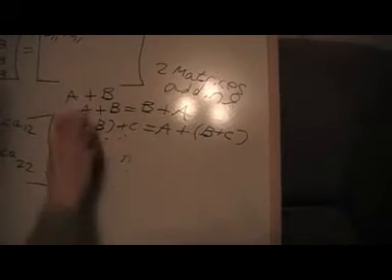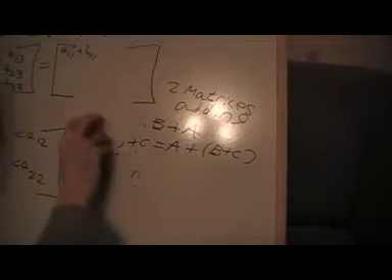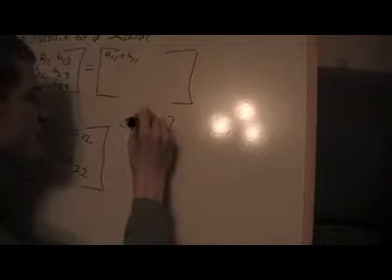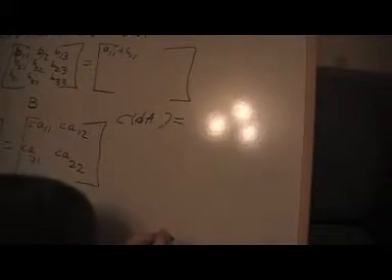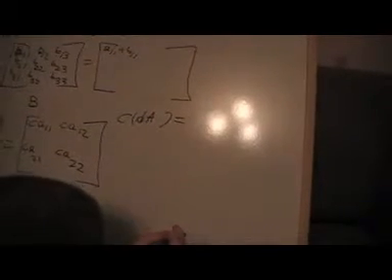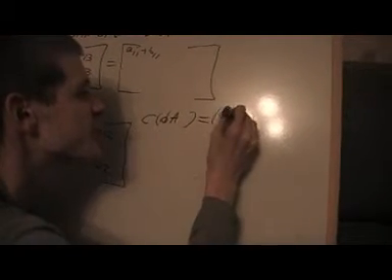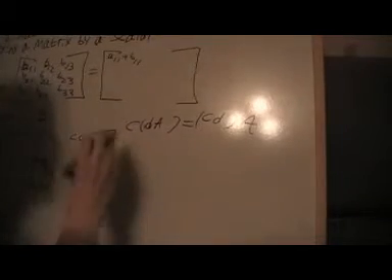Now I want to talk about the properties of scalars. So I've got two scalars C and D. The property is that I've got a scalar C, and just read these, quite easy. And that's equal to C times A. There we go.